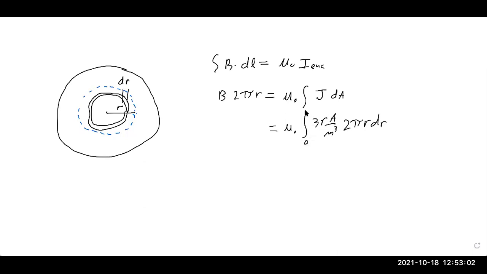Just integrate this from 0 to whatever r we care about. So this ends up being an integral of r squared, and all the other constants can come to the front.